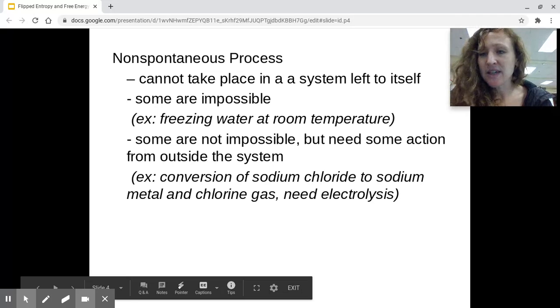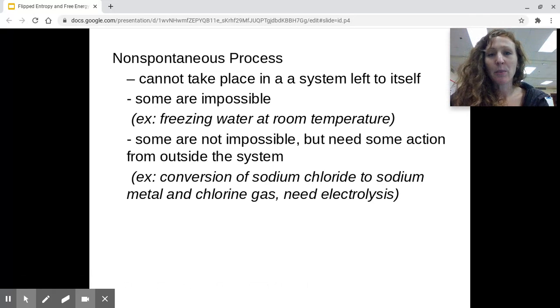So some of these reverse reactions are possible. If a ball rolls down a hill, we can reverse that process by inputting energy and carrying the ball back up the hill. If a gas spontaneously fills the container, we can reverse that process by an input of energy, and we can condense the gas back down to one side of the container.